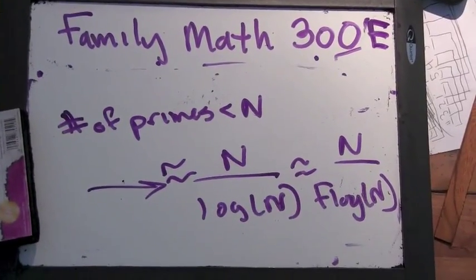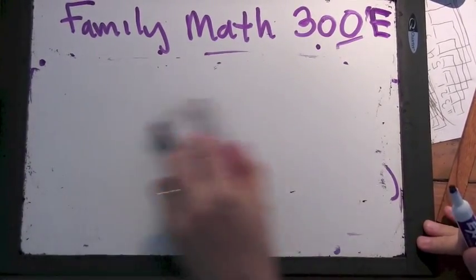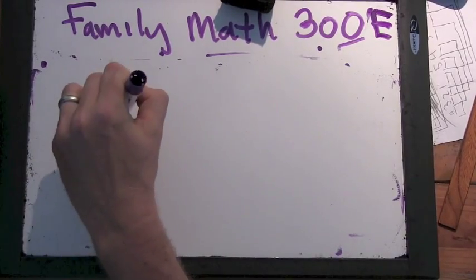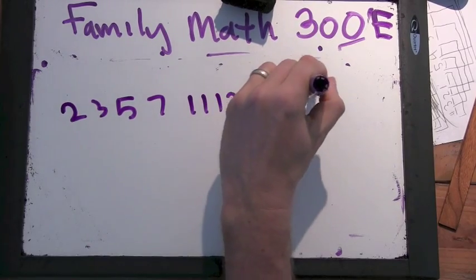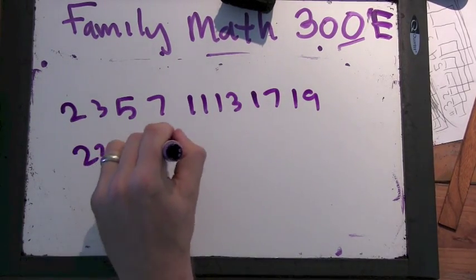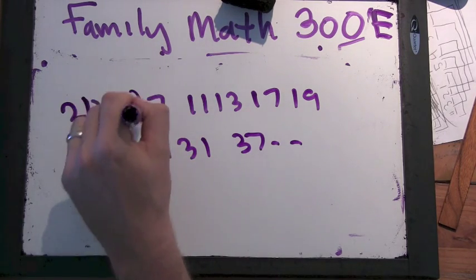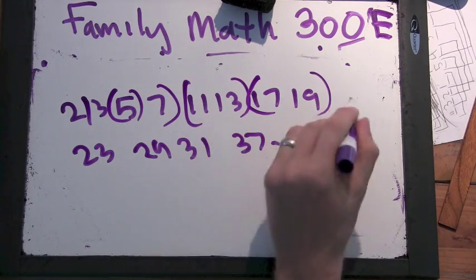One question people wondered about for a long time is when you see prime numbers, 2, 3, 5, 7, 11, 13, 17, 19, 23, 29, 31, 37, etc., a lot of times they come in pairs separated only by 2.